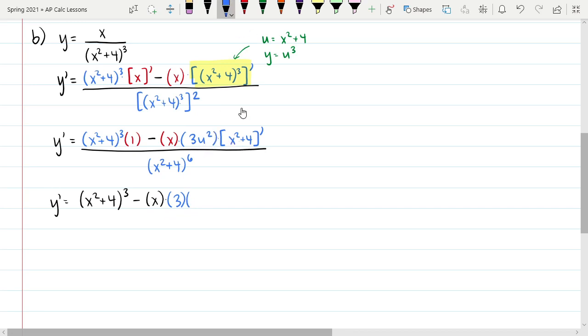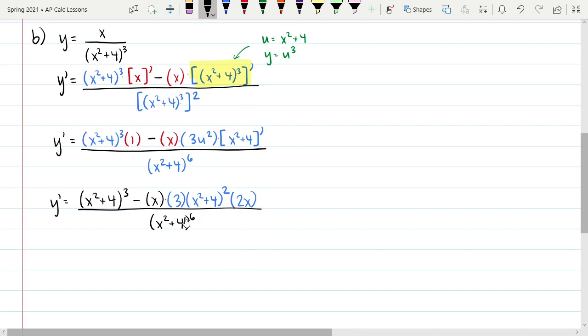I'm going to replace the u back with x squared plus 4, squared, and then times the derivative of x squared plus 4, which is 2x. And this is all over that denominator, x squared plus 4 to the sixth.